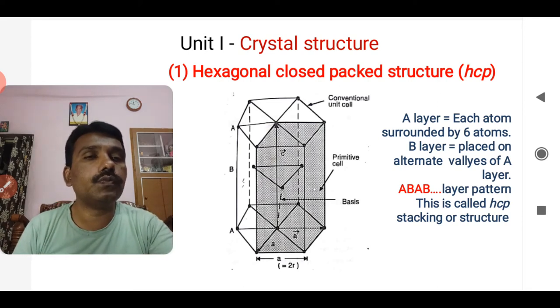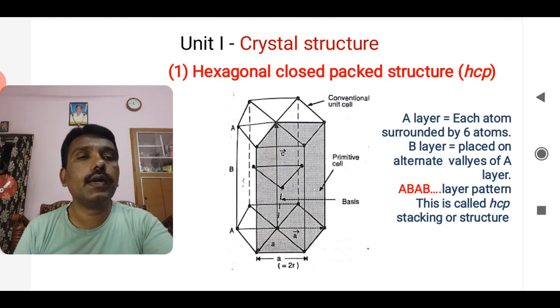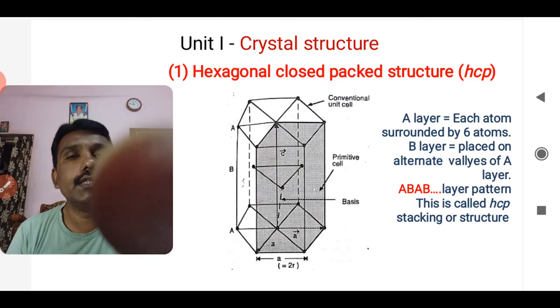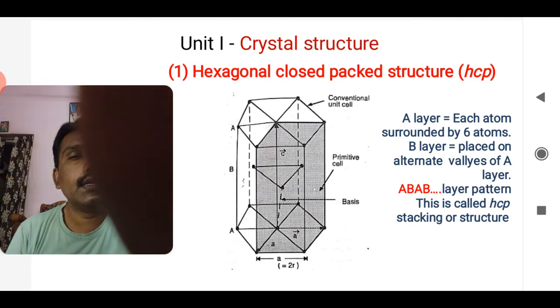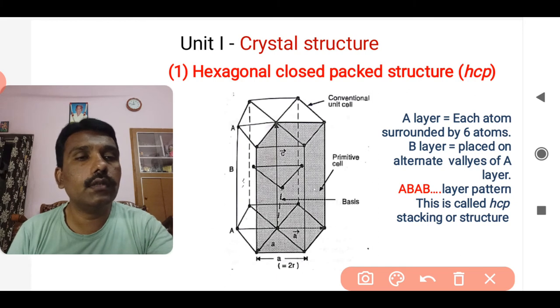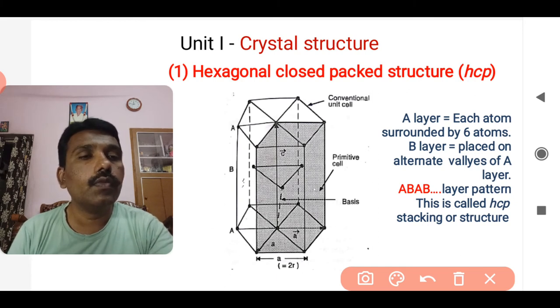So the primitive cell is the part shown here, whatever unit cell is going to be formed. In that case also, we have seen what is meant by the primitive unit cell and the non-primitive unit cell in detail in the previous session.